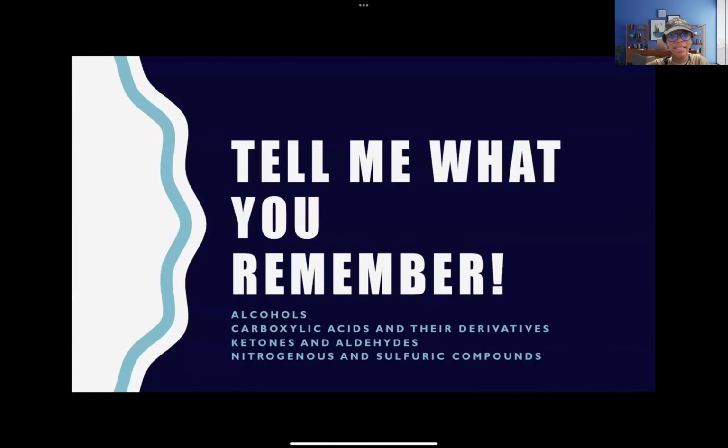Starting off with a nomenclature review, I'll turn the floor to you and ask what you remember about everything we went over: alcohols, carboxylic acids, ketones, aldehydes, nitrogenous and sulfur compounds. Starting with alcohols, what are the common prefixes and suffixes? The suffix is -ol, exactly.